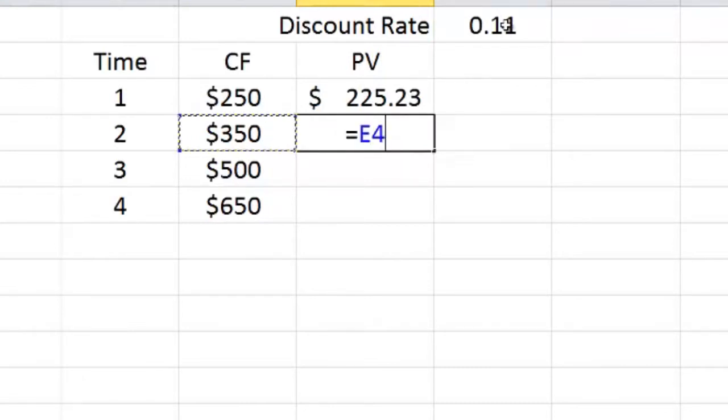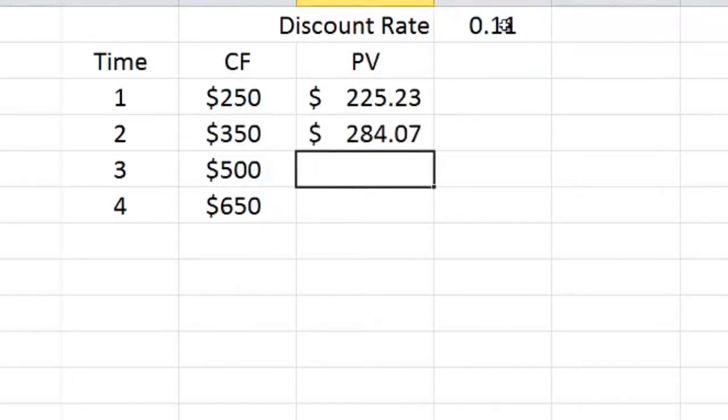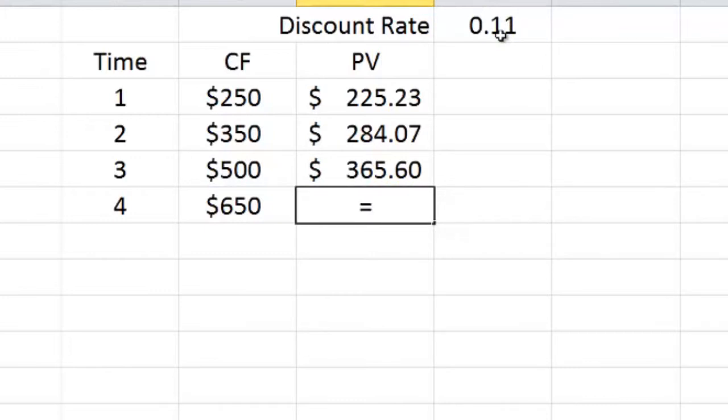The same thing here, but now we need to discount it twice to get back to time 0. We need to discount the $500 3 times. And we need to discount the $650 4 times.